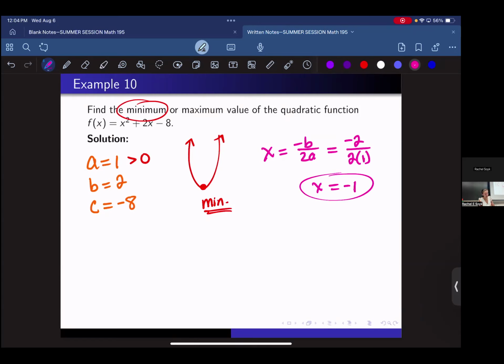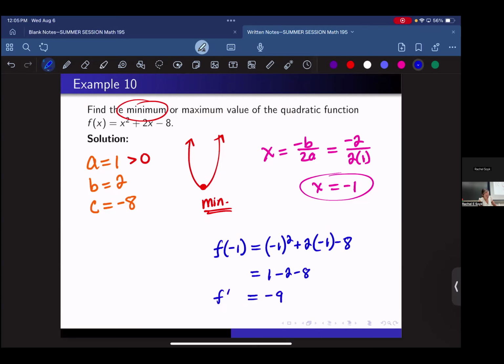And then last but not least, we want to plug that into our function again so that we can find that minimum y value, aka the vertex point. So we get negative 1 in parentheses squared plus 2 times negative 1 minus 8. That just gives us 1 minus 2 minus 8, which gives us negative 9.